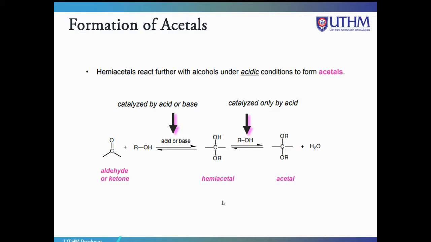Formation of acetal: hemiacetals react further with alcohol under acidic conditions to form acetals. Aldehydes and ketones react with alcohol, catalyzed by acid or base, to produce an unstable hemiacetal, which is further catalyzed only by acid to produce a stable product known as an acetal.